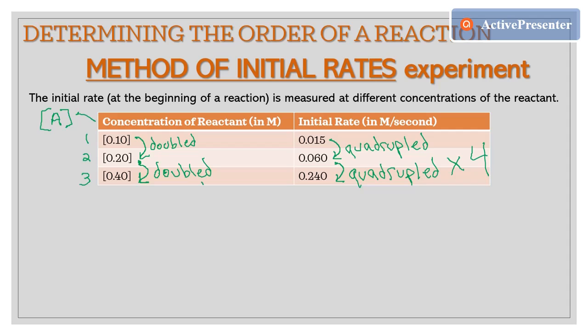So if we go back to the fact that we had doubled the concentration of the reactant, we're going to put a 2 there. But the initial rate, as we increase the concentration, quadruples.